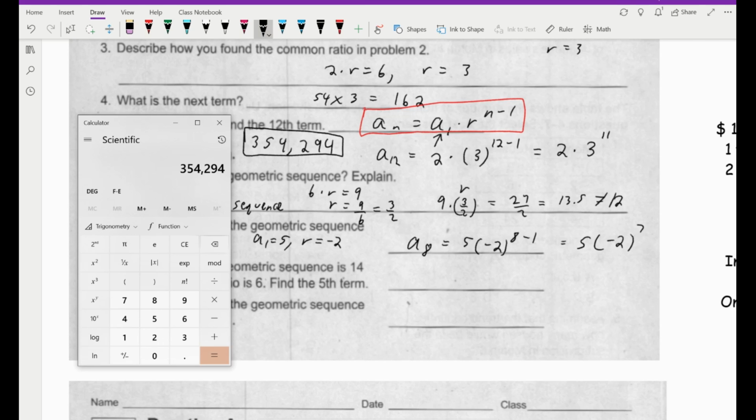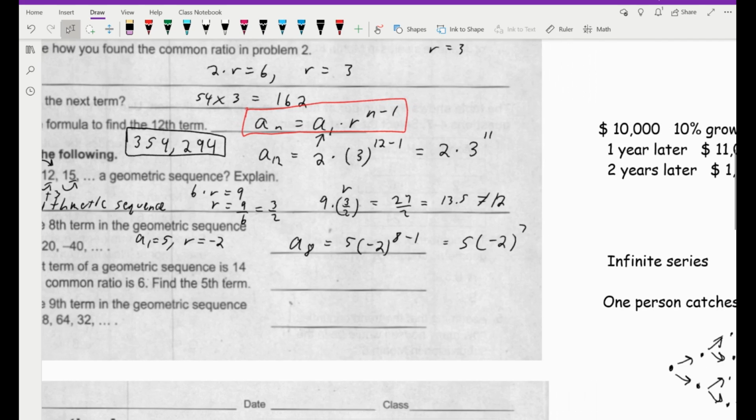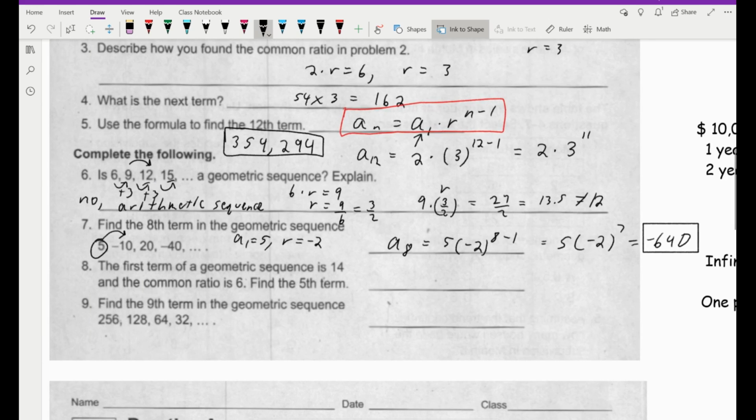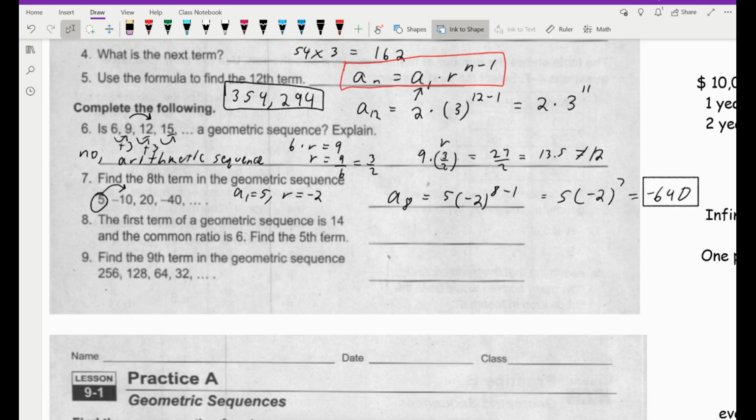It'll be 5 times, put a parentheses here, a -2, I have to do a plus minus key, raised to the 7th. And we get minus 640. Minus 640.